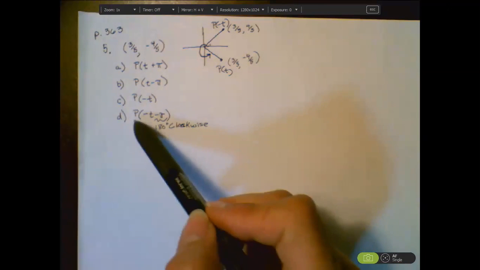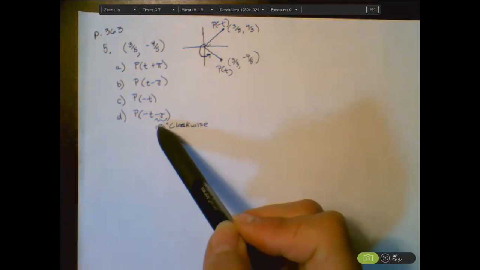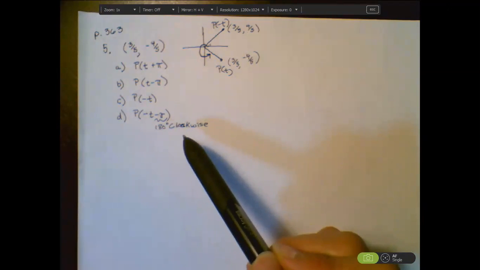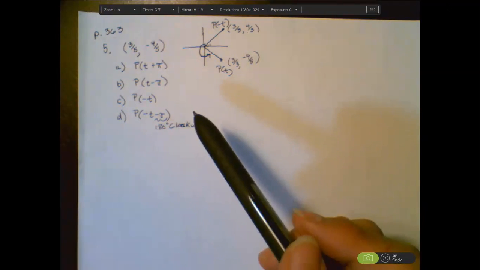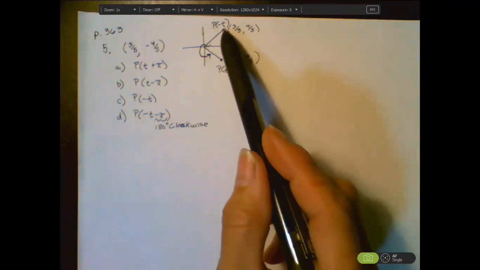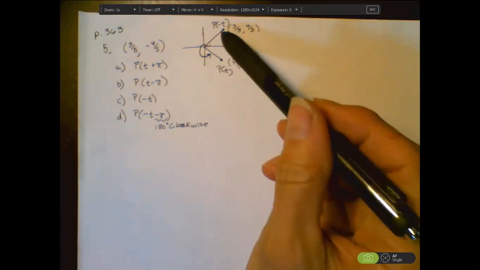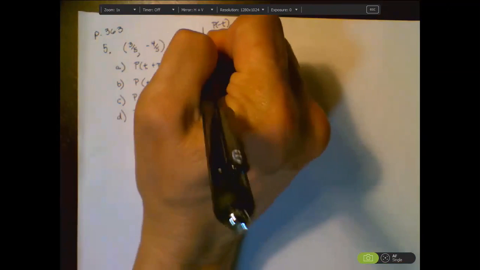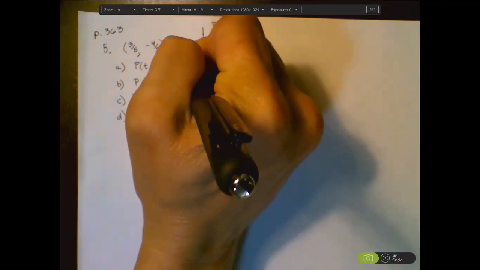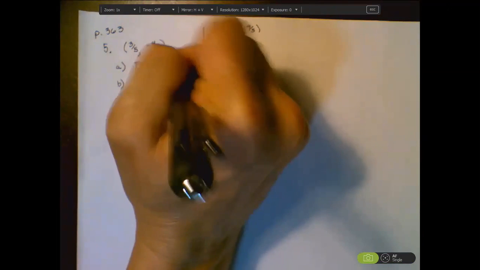If you started at P of negative t and went 180 degrees clockwise, in what quadrant would you be? Three. Yeah, 180 degrees is halfway around the circle. It really wouldn't matter if you were going clockwise or counterclockwise. If you go halfway around the circle, you're going to end up at that same point in the third quadrant where the x and the y are both negative.